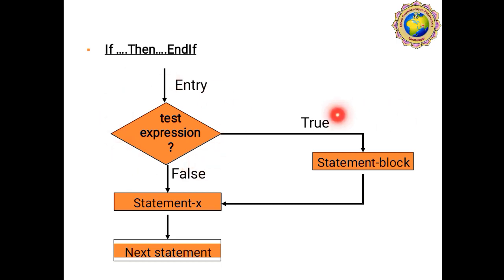If the condition is true, then the statement block is executed. If the condition is false, then the false statement is executed. So whenever we use an if statement in .NET programming, first the condition is checked. If it is true, the true portion of the statement is executed; if it is false, the false block is executed. Here is the flowchart diagram for the if decision making control statement. First check the condition. If true, the statement block executes, and then the next statement.